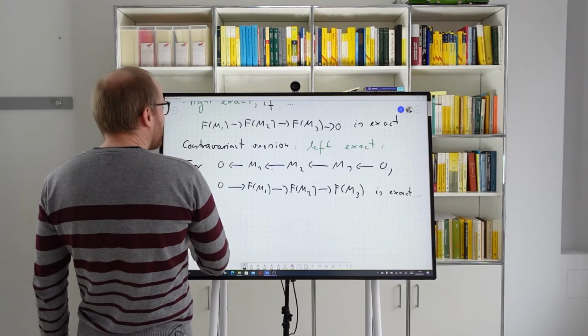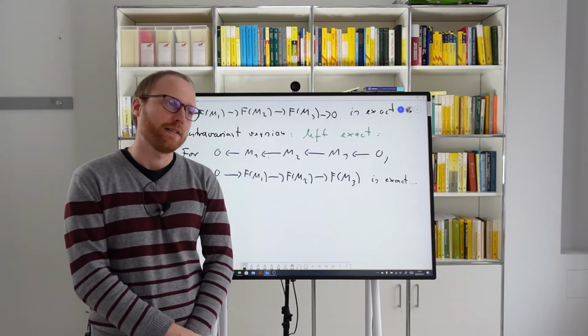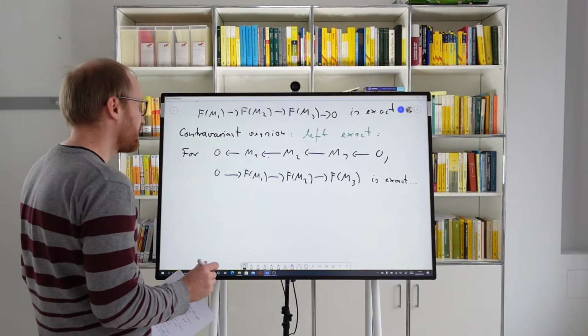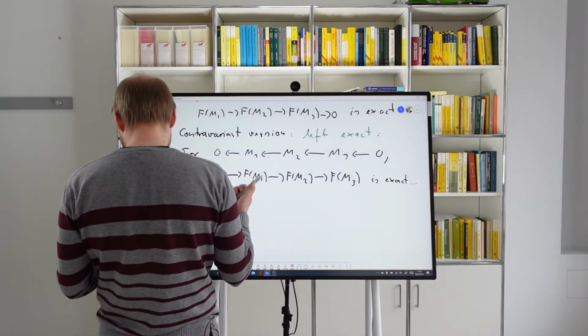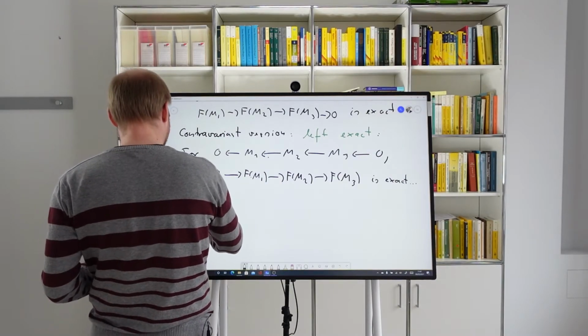And the two functors which were of interest last time were the Tensor-functor and the Hom-functor on R modules. And the question is which of them is maybe left and which of them is right exact, and this is answered by the following proposition.